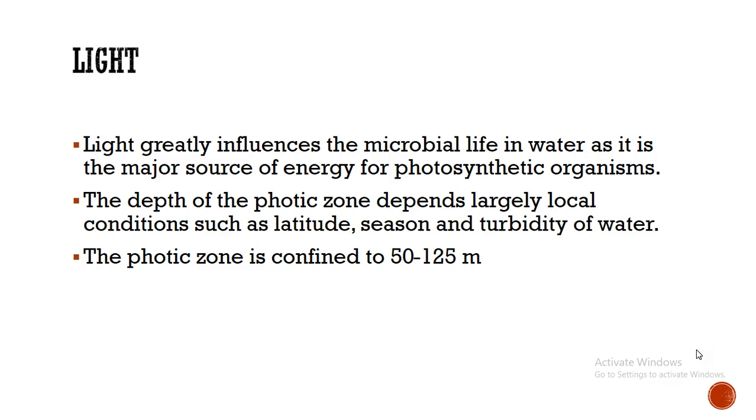So the depth of the photic zone varies depending on such local conditions such as latitude, season, and particularly the turbidity of water. Generally, it is said that photosynthetic activity is confined to the upper 50 to 125 meters of water body.